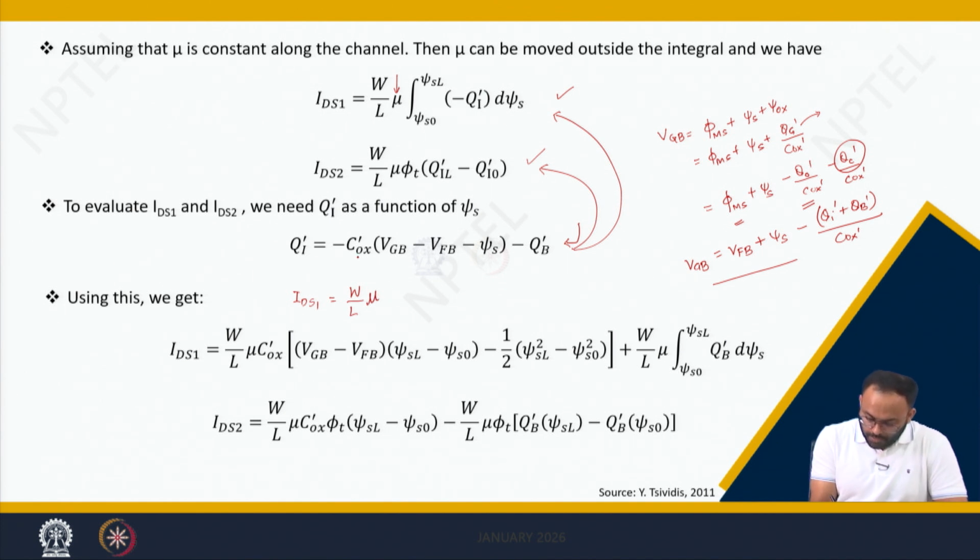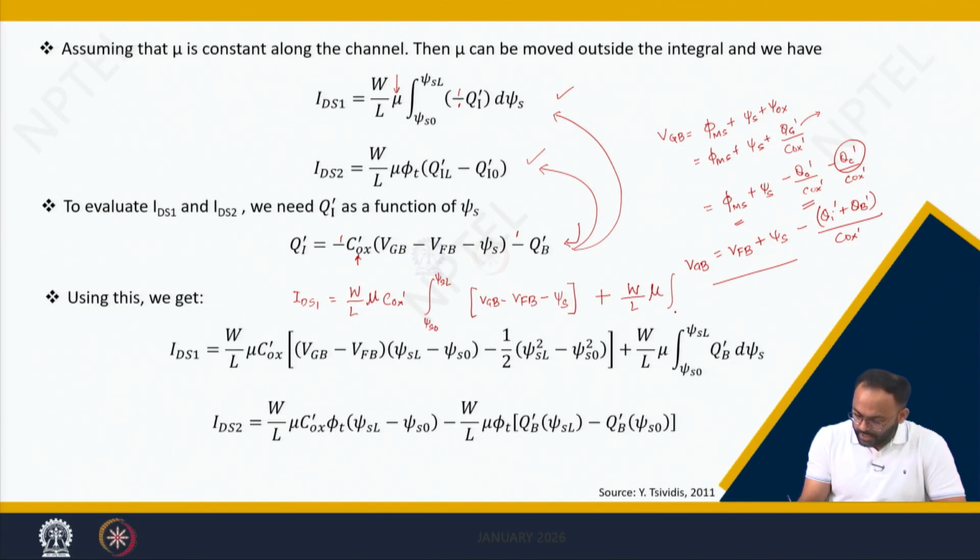And then because of this negative sign and negative sign, you will get Cox dash integration between psi s0 to psi sl of VGB minus V flat band minus psi s. This negative and this negative again becomes positive, into W by L mu integration of psi s0 to psi sl Qb dash d psi s.